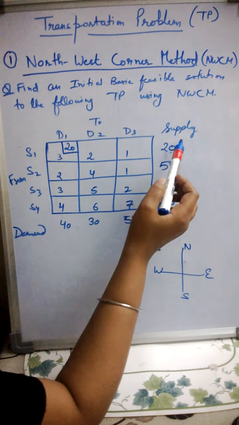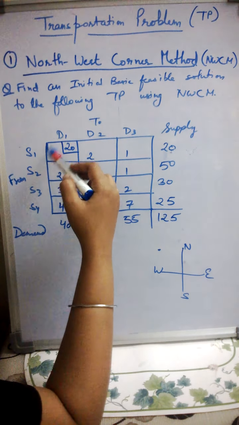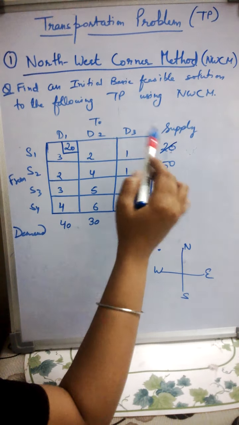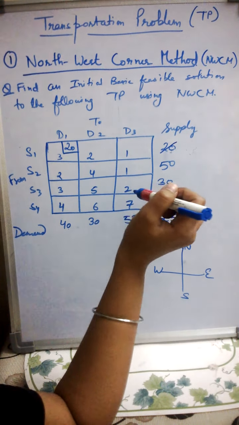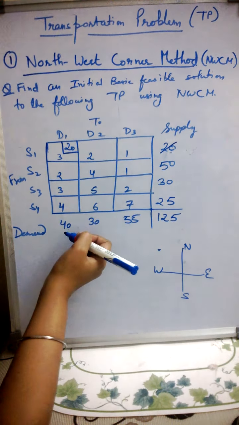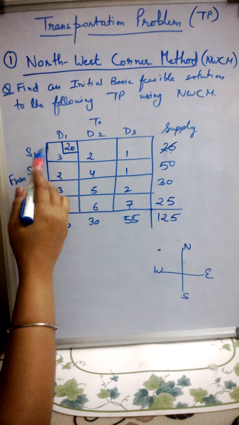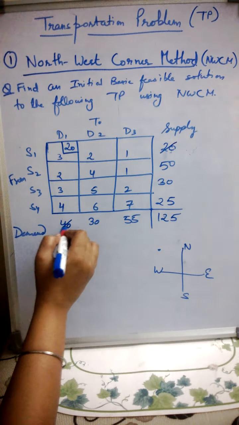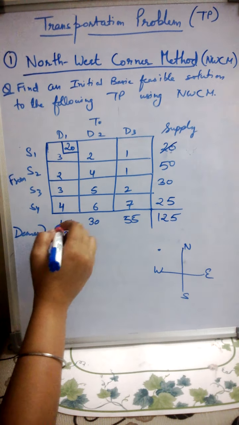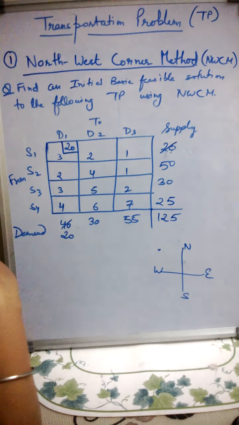Now at S1 20 units were available, which S1 has transported to D1. Now S1's supply or availability is exhausted, and D1's demand was 40 units, out of which 20 units have been fulfilled by S1. So that means D1 requires 20 more units, because out of 40, 20 have been transported.